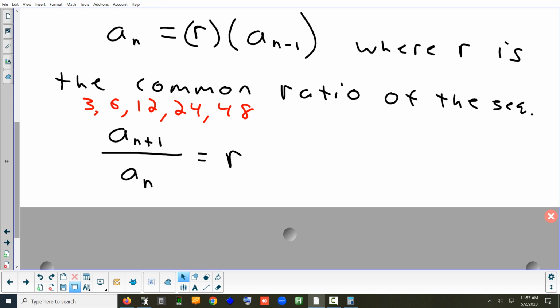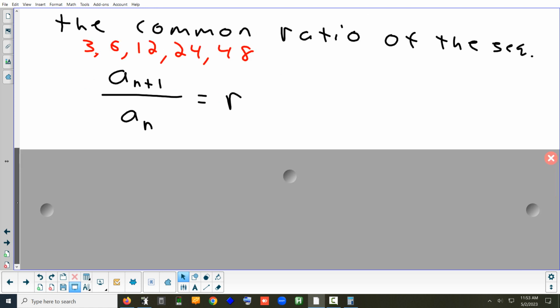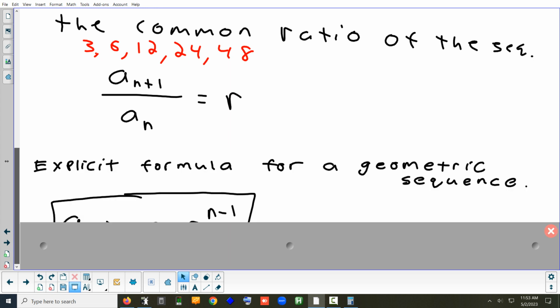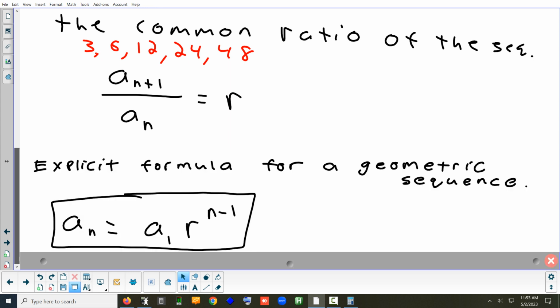The idea is the top one has to be 1 later than the bottom. And that's your common ratio. And there's a formula to figure this out as well. The formula is a sub n equals your first term times r to the n minus 1.